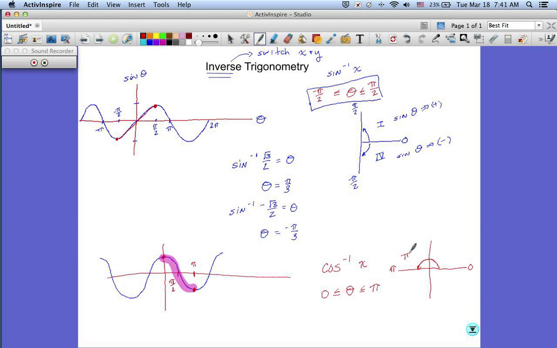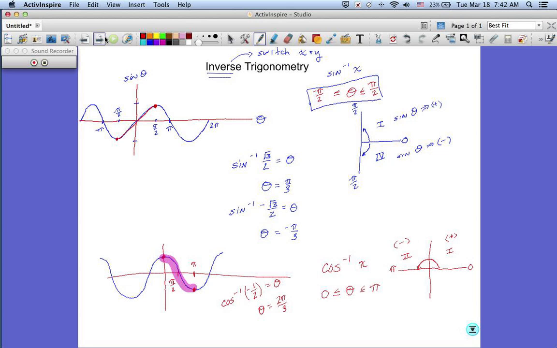I'm looking for solutions in quadrants 1 and 2 only, again getting there as quickly as I possibly can. So if you're told the cosine inverse is negative 1/2, then my angle is going to be up here at 2 pi over 3. Okay, so again, notice this gives me a positive answer and this gives me a negative answer.